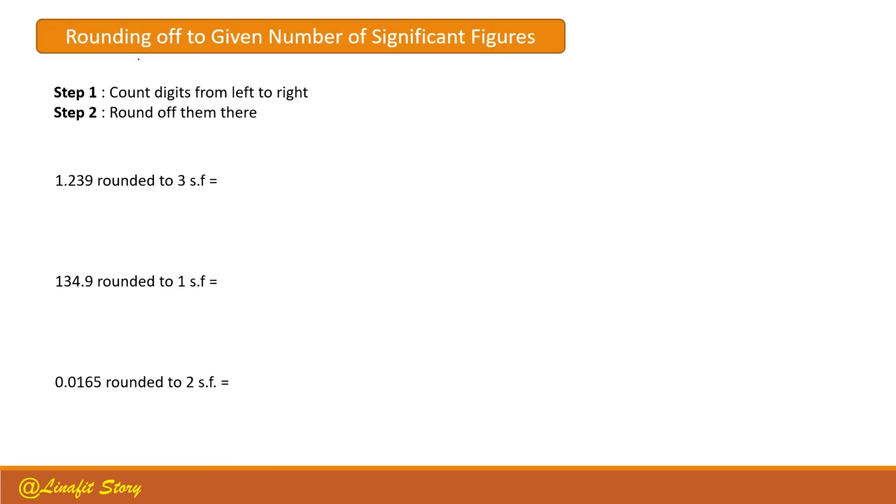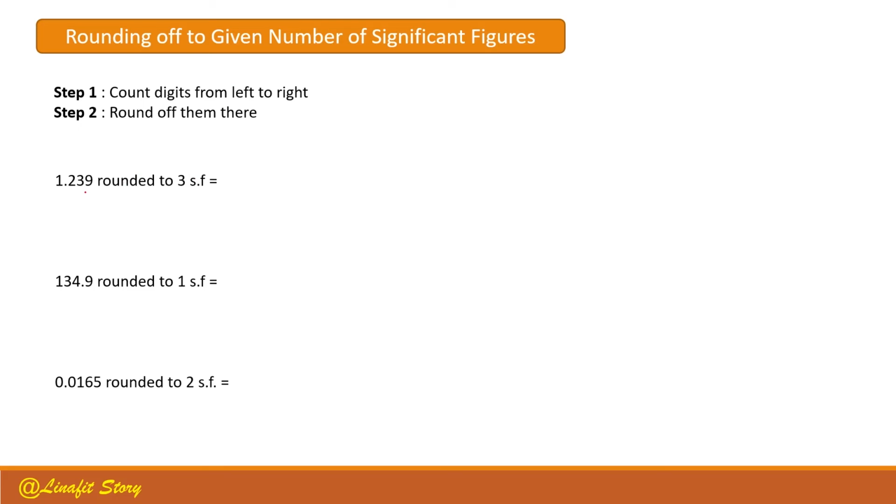Rounding off to a given number of significant figures. To round to so many significant digits, count digits from left to right, and then round off from there. So for example, 1.239 rounded to 3 significant figures.